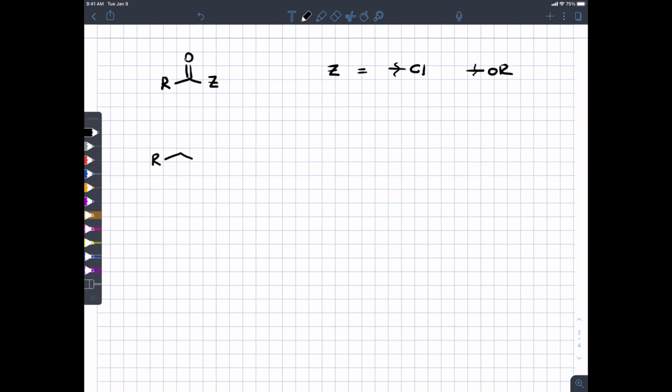Let's start with the acid chloride, and let's have lithium aluminum hydride react with the acid chloride. We're going to do exactly what we did above. Aluminum hydride is going to deliver H- by direct handoff to the carbonyl carbon. We will break the pi bond. We will get the familiar tetrahedral intermediate.